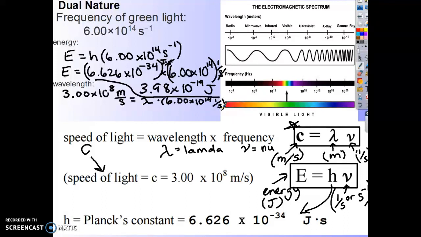Okay, so now all we have to do is solve for lambda. So these two things are on the same side of the equal sign, and right now they're being multiplied. So the only way to cancel out on this side and move it to the other side is to divide by this number on both sides.